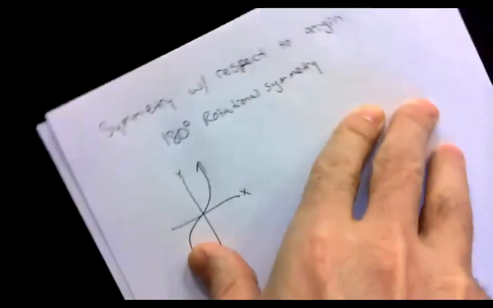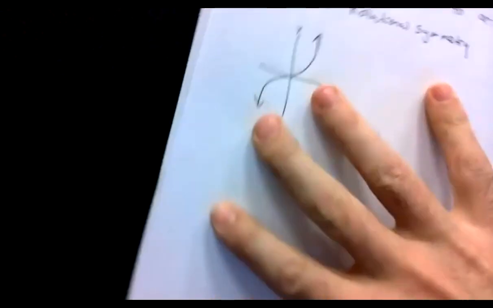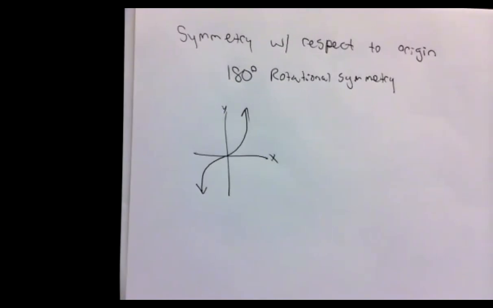If we actually physically rotate this 180 degrees, we still get the same picture. We go down and to the left and up and to the right. So if you can actually rotate it 180 degrees and you still maintain the same picture, then you have symmetry with respect to the origin.